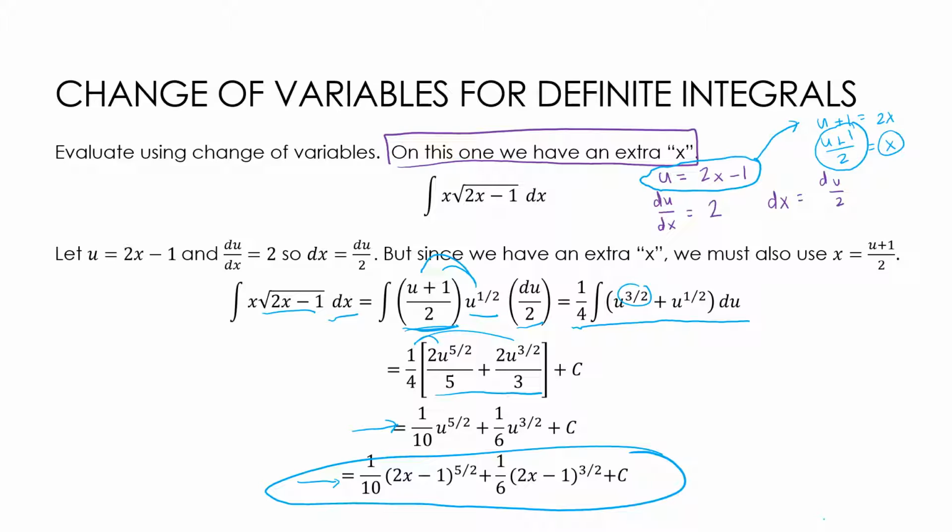So again, the tricky part here was we did our normal steps at the beginning, but then we had an extra x, and we can't integrate when we have two variables inside the integral. So I had to rewrite this so that I could also replace x with u plus 1 over 2.